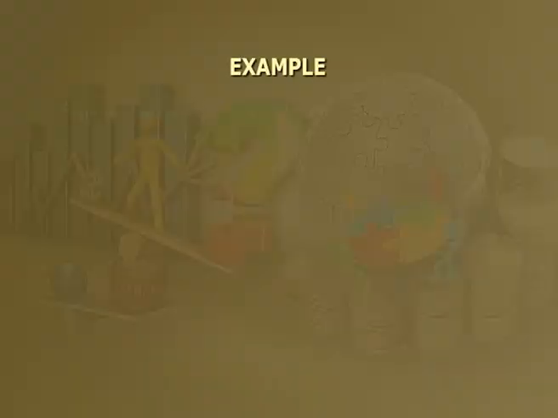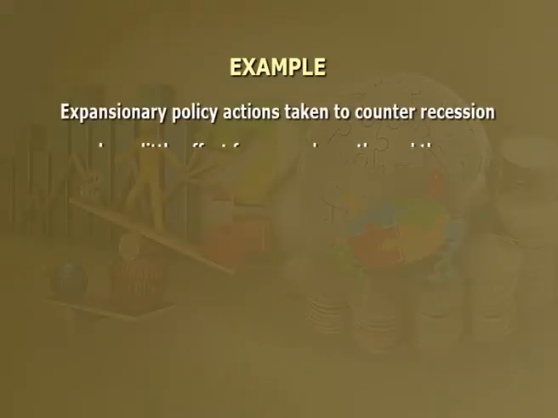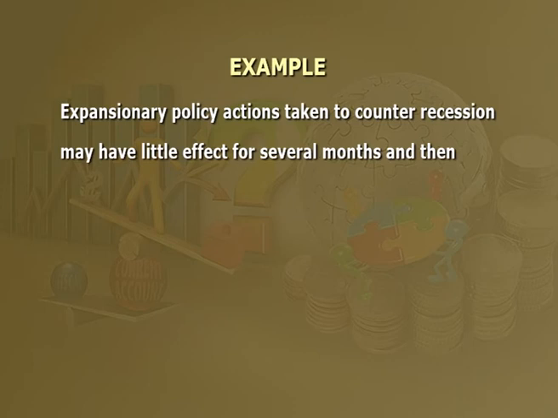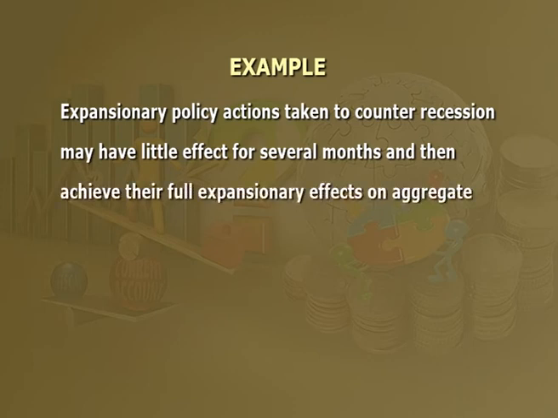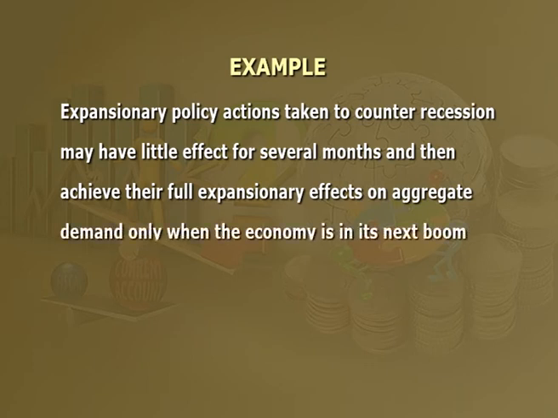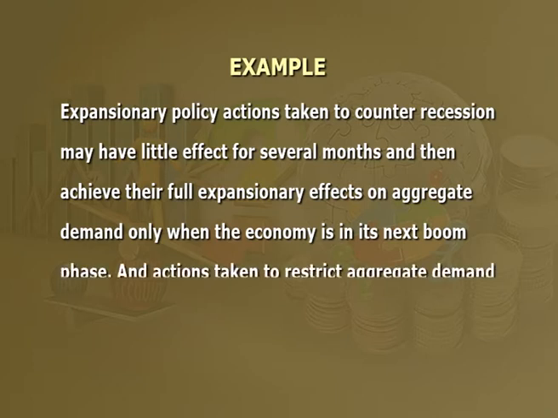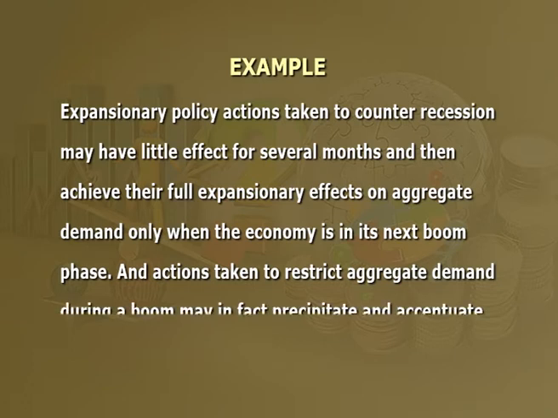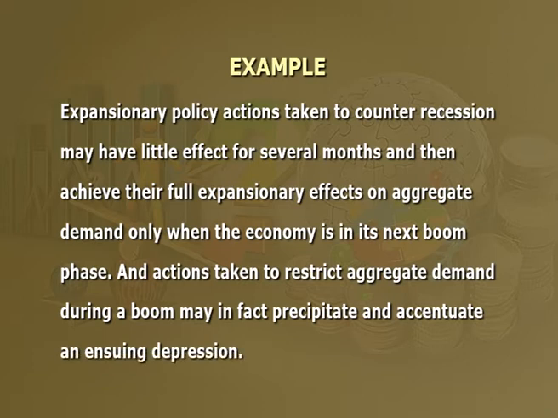For example, expansionary policy actions taken to counter recession may have little effect for several months and then achieve their full expansionary effects on aggregate demand only when the economy is in its next boom phase. And actions taken to restrict aggregate demand during a boom may in fact precipitate and accentuate an ensuing depression.